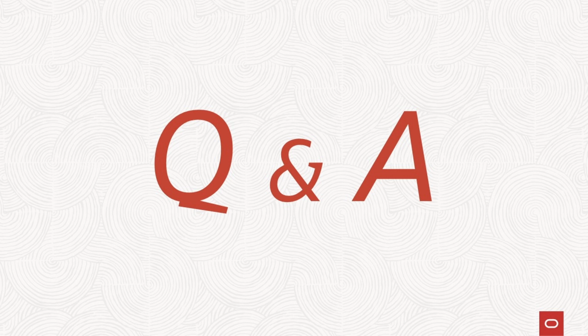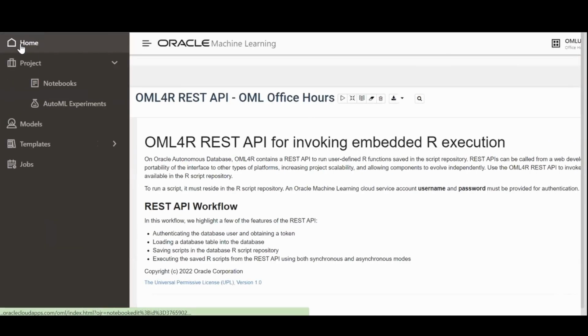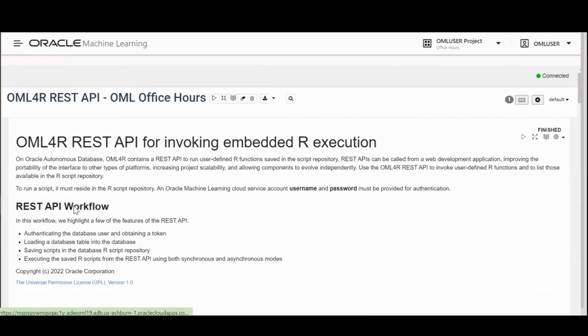Great. And then another question is, where can this notebook be found? I will post this notebook in the Ask Tom after the session when we post the recording. But you should also look here, because one thing I didn't go over is asynchronous mode. So I'm going to go back to my autonomous database here. And if you're not aware, you can go over here to the templates and then examples.